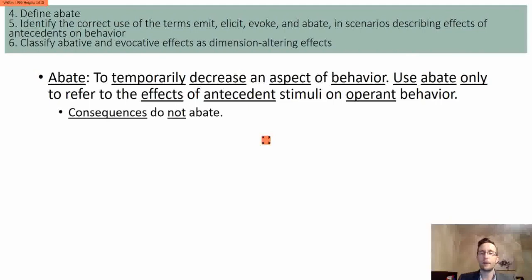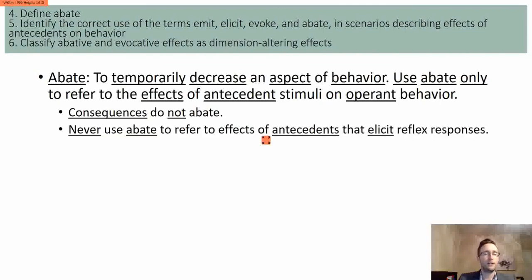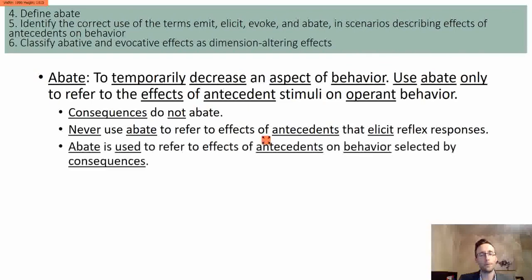Consequences do not abate. They either reinforce or punish. Never use abate to refer to the effects of antecedents that elicit reflex responses. We just use abate to refer to the effects of antecedents on operant behavior. Abate is used to refer to effects of antecedents on behavior selected by consequences.